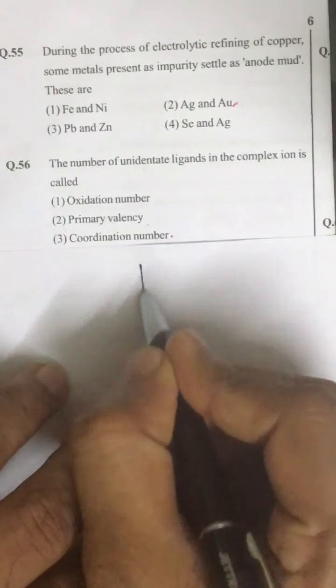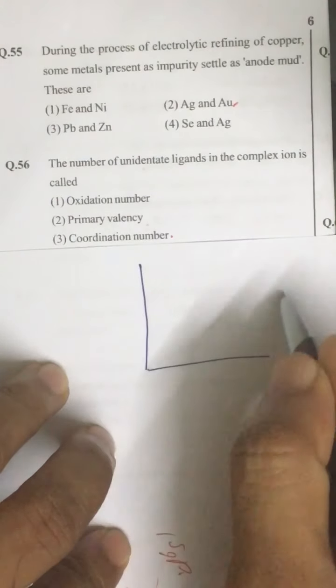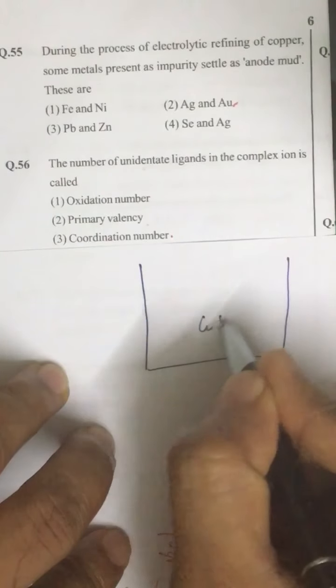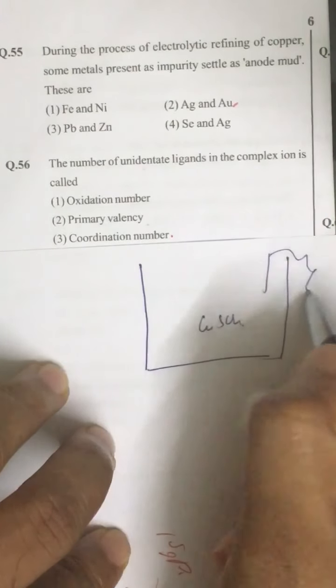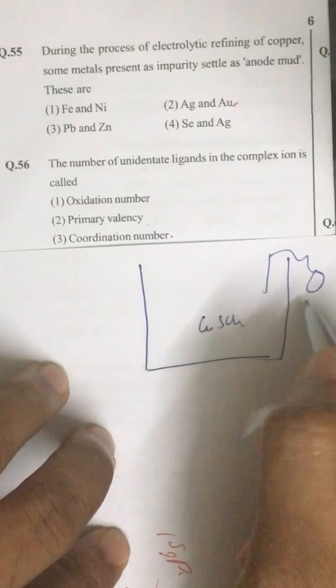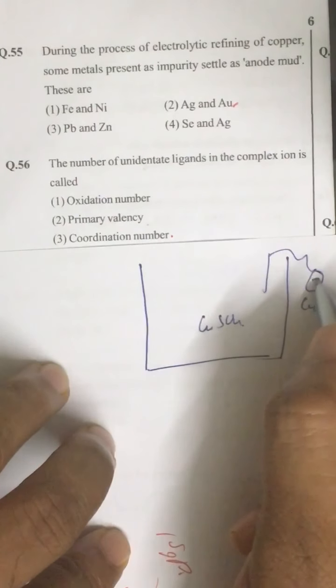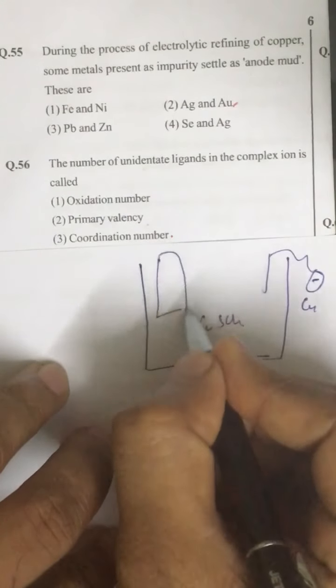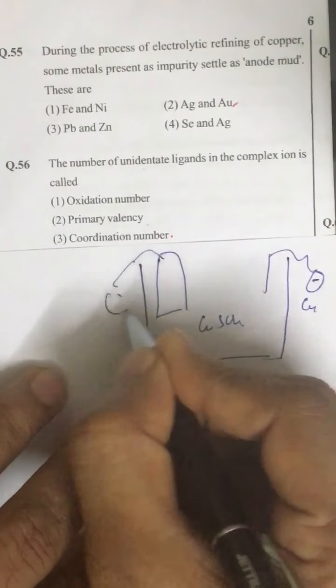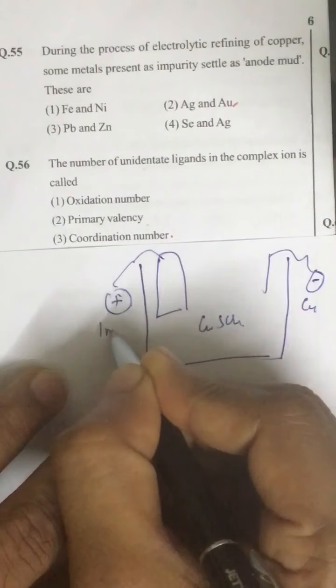Alright, in electrolytic purification you must remember, you take copper sulfate and H2SO4, and you take pure copper as cathode and impure copper as anode. Alright, this is impure copper.